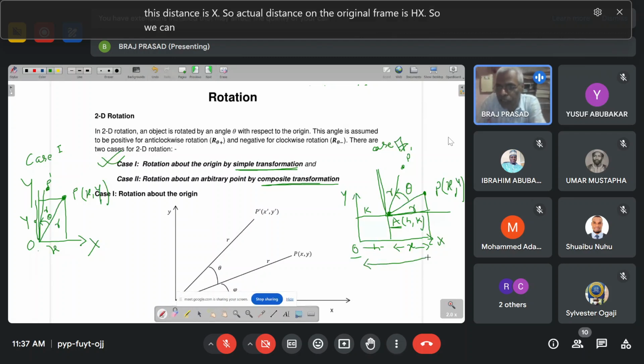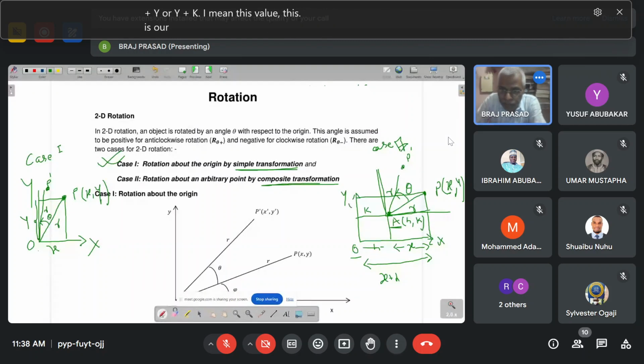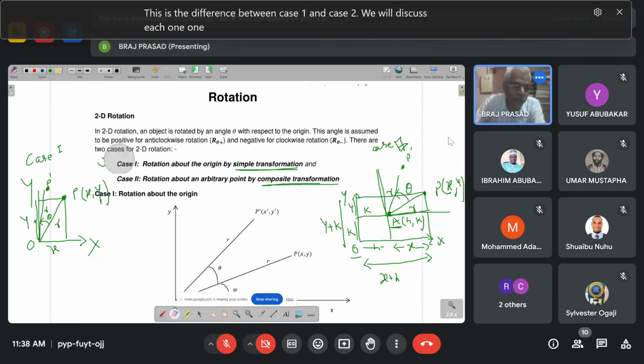Similarly, the original distance of y is k plus y, or y plus k. This is y from this place to this place, and this is k. So the actual y distance becomes y plus k. This is the difference between case 1 and case 2. We will discuss each one by one.